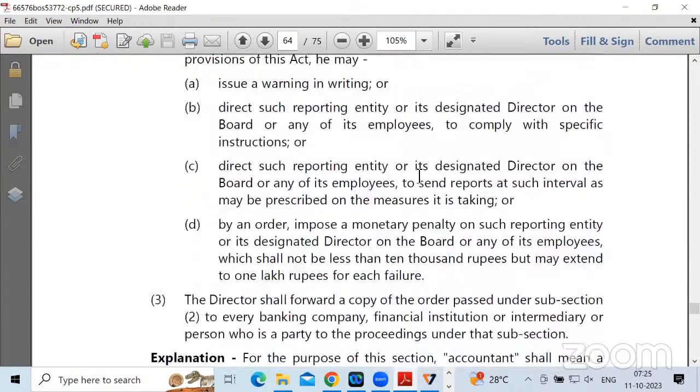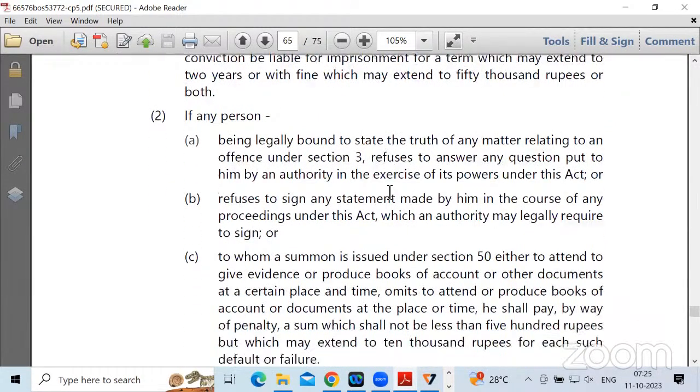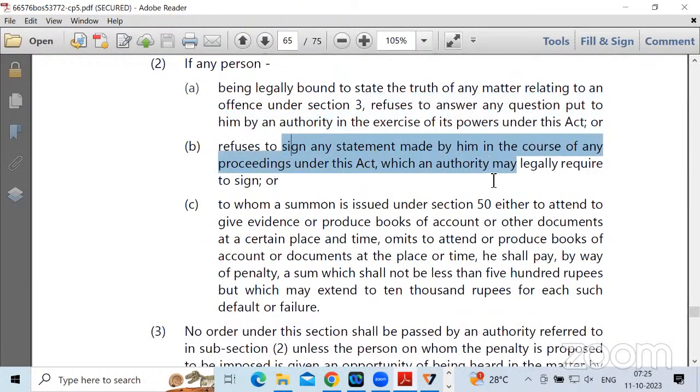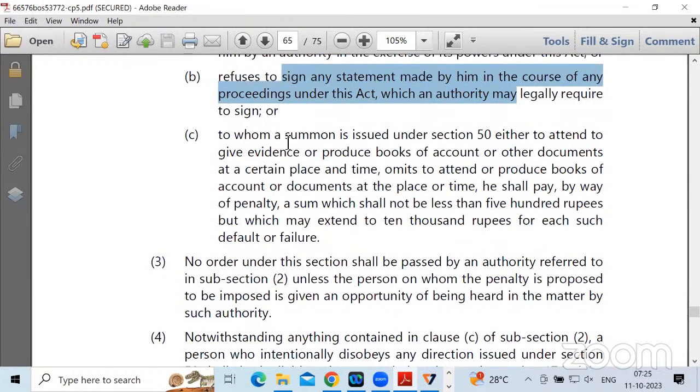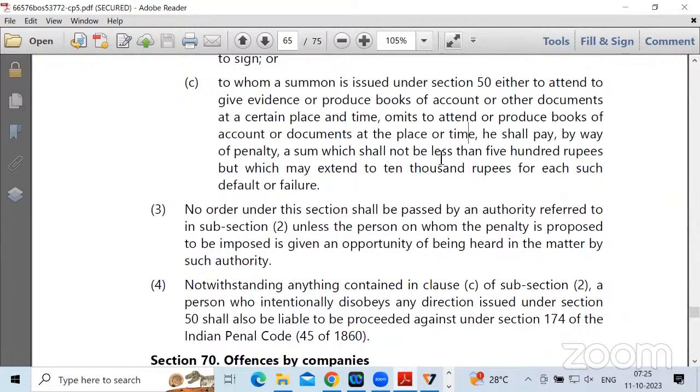So power of director. 63 punishment. What is the punishment? Section 3: if he does not give or refuses to give any statement, or he is not obeying the order, the punishment is 500 rupees. It may extend to 10,000 rupees also.